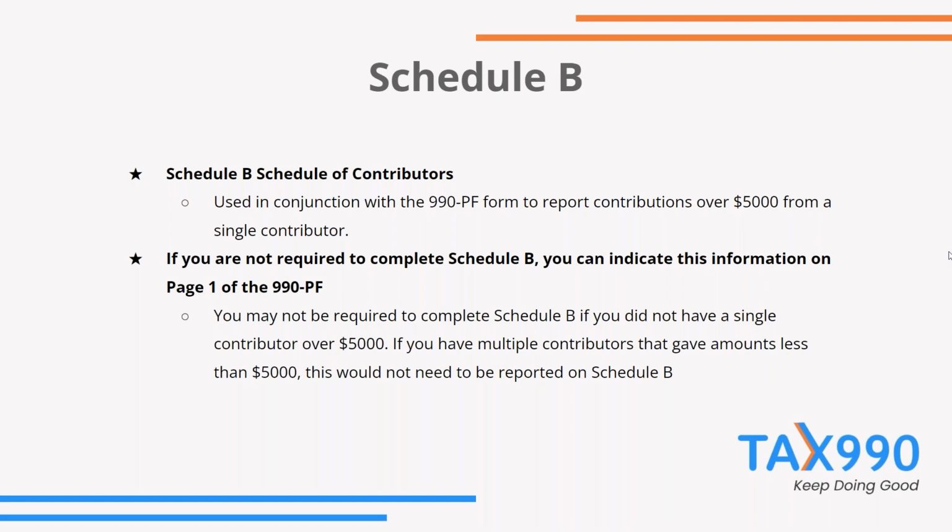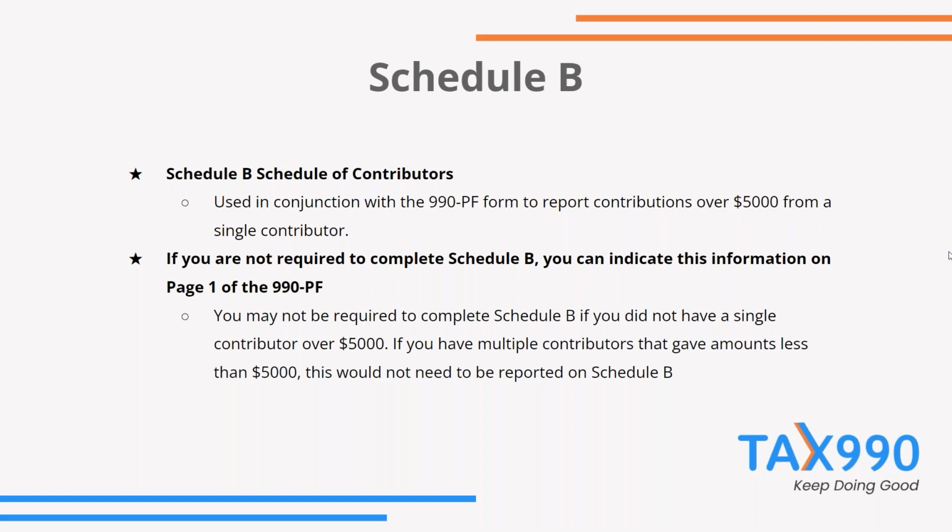So if everybody gave $2,000 and it equaled a total amount of $10,000, that would not be reported on Schedule B. Schedule B is only used for an amount over $5,000 from an individual contributor. If you have multiple contributors that gave over $5,000, you'd list each one of them on Schedule B. But if you also have multiple contributors that gave less than $5,000, you would not list those.